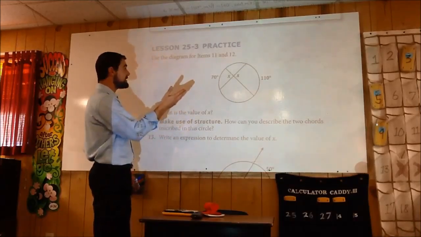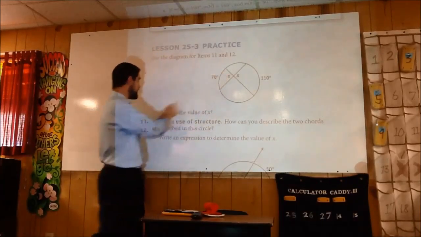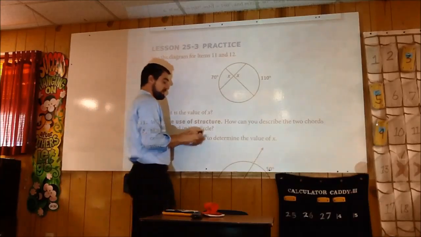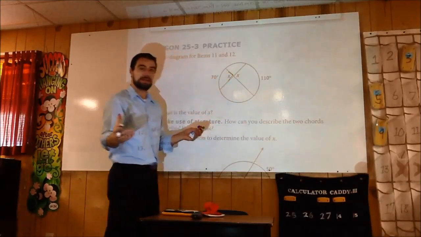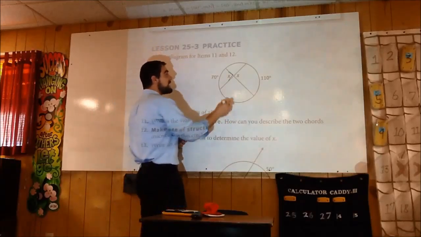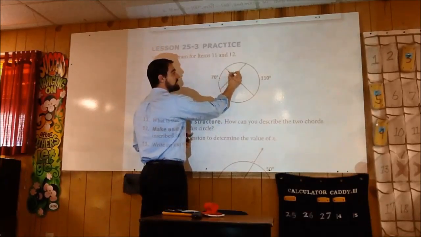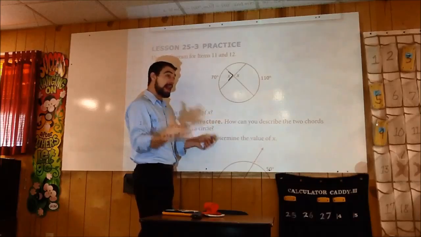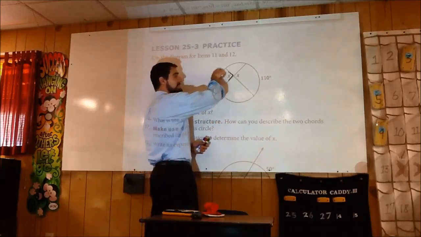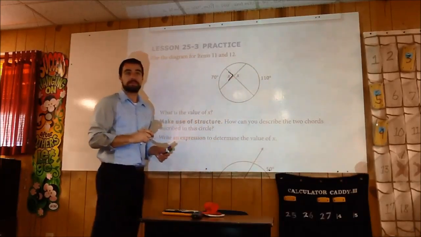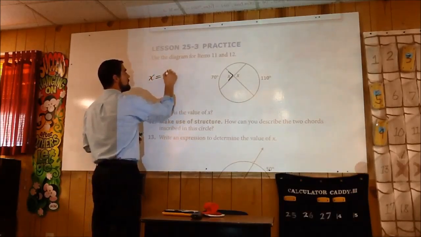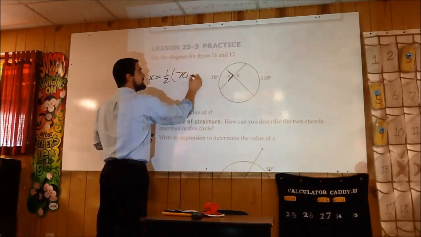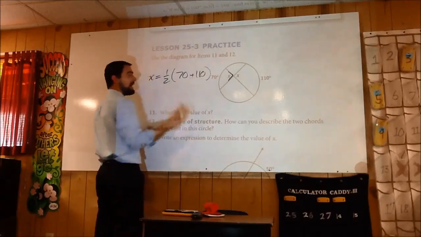So, it's not going to get any easier than this for number 11. This angle measurement, which yes is congruent to that because vertical angles are always congruent, is basically the average of this intercepted arc and that intercepted arc. So to find the average, you add two things up and then divide by 2.